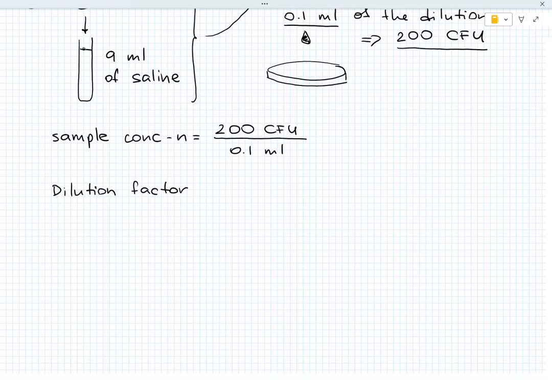Now, I think that my definition of a dilution factor is more convenient to work with than the definition that is given in your lab book.